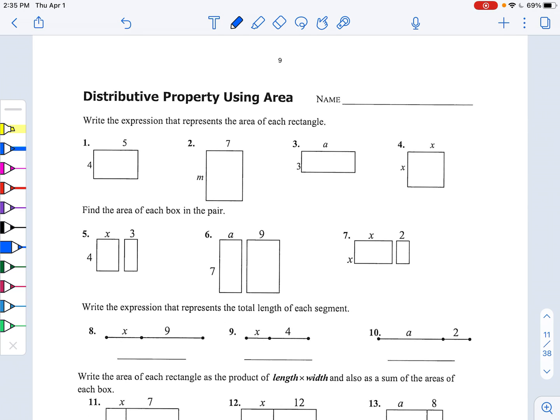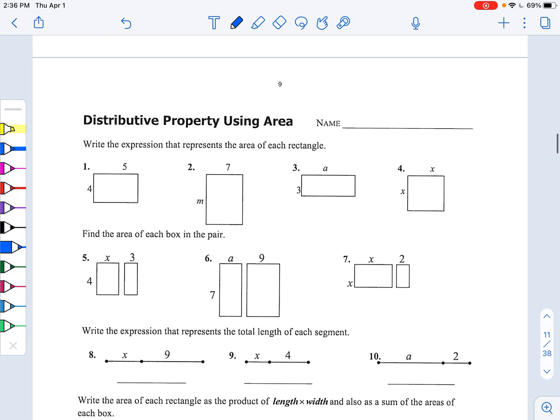All right, there's also another cool way of showing you the distributive property using area. If you take a look at the directions, it says write the expression that represents the area of each rectangle. So if you have a length of 5 and 4, let's write this down. Area of a quadrilateral is simply base times height or length times width.